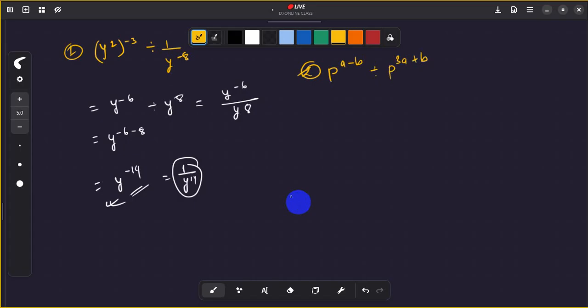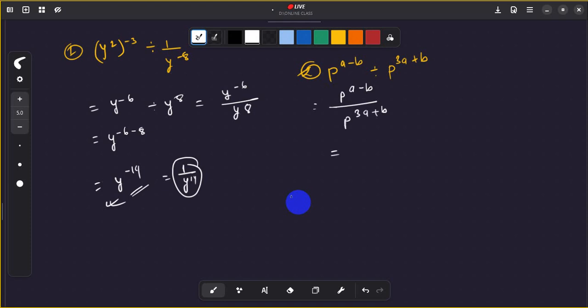Now it is in the division form. It means when two terms with the same bases are in the division form, the powers are subtracted, right? So it can also be written as p to the power a minus b over p to the power 3a plus b.